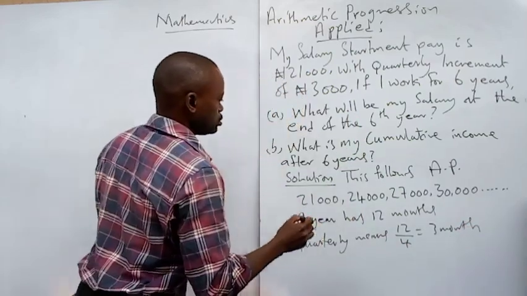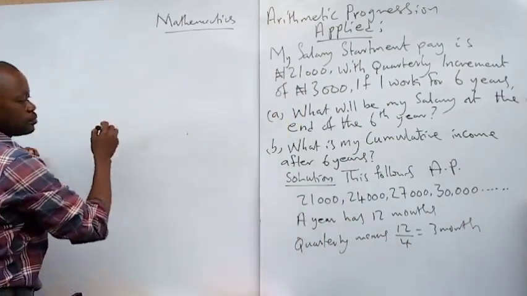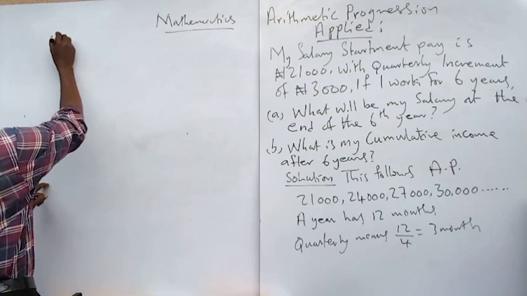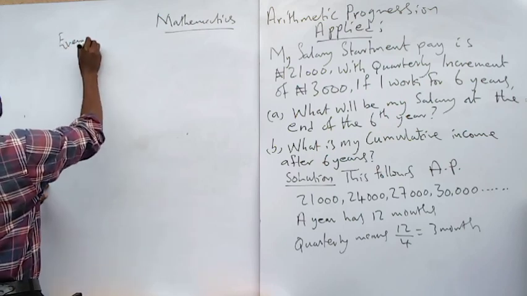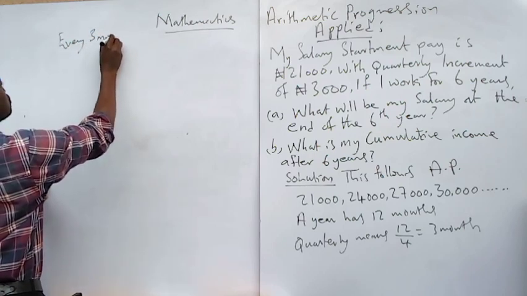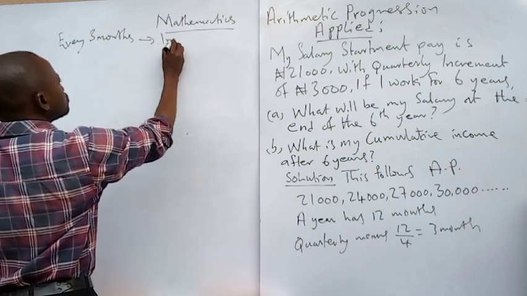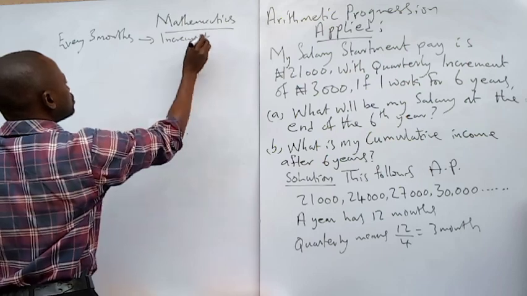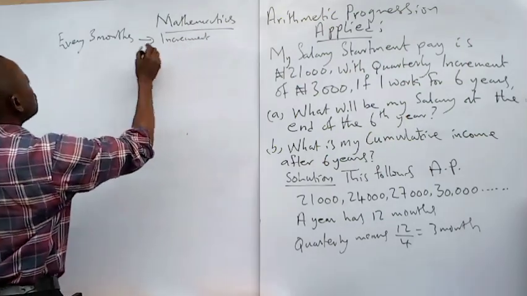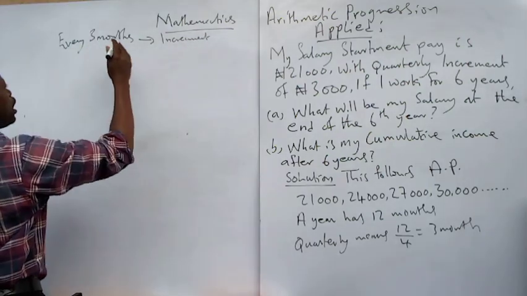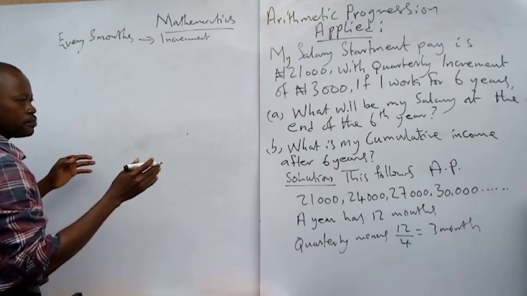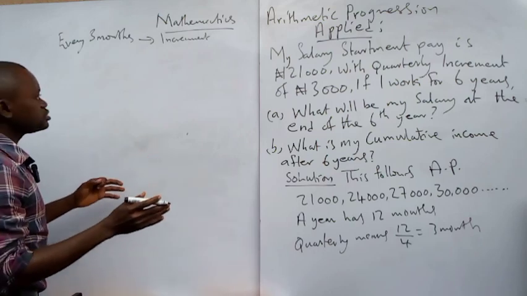It then means that every 3 months there will be an increment. So in a year, the increment happens 4 times.